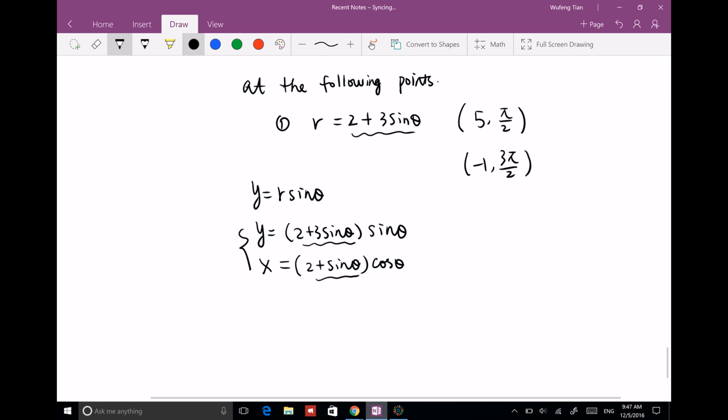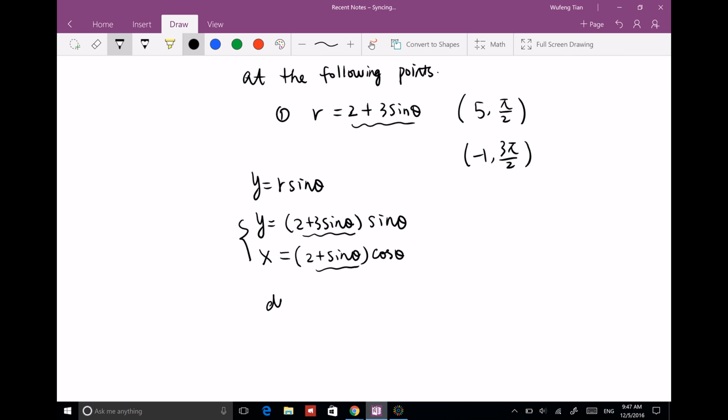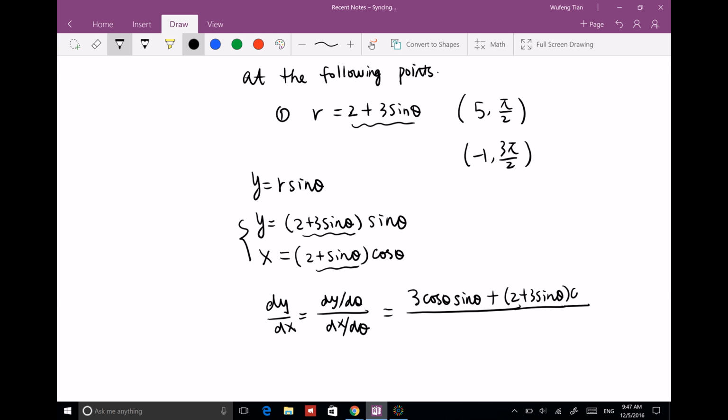What I need to do next is dy over dx. dy over dx is dy over d theta over dx over d theta. So here, dy over d theta uses the product rule. The derivative of 2 is 0, the derivative of sine is cosine. So it's 3 cosine theta sine theta, plus keep the first, 2 plus 3 sine theta, derivative of sine is cosine.